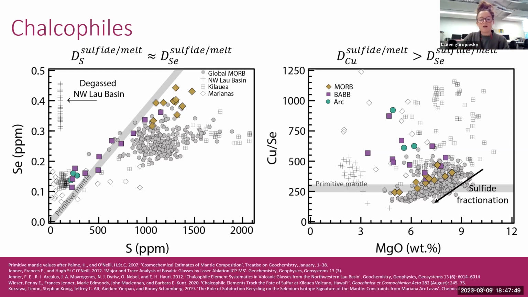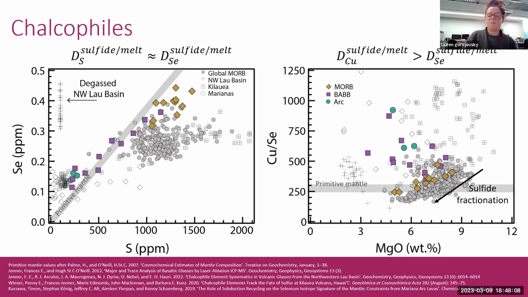On the right-hand side, I have copper over selenium versus magnesium oxide. The reason I've chosen this ratio is because copper and selenium are both compatible in sulfide, but have varying compatibility. Copper tends to be more compatible in sulfide and selenium is less so.